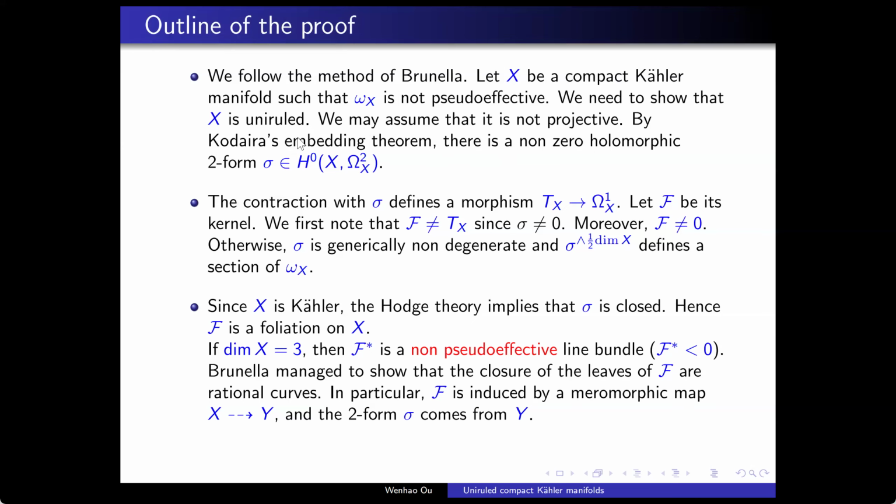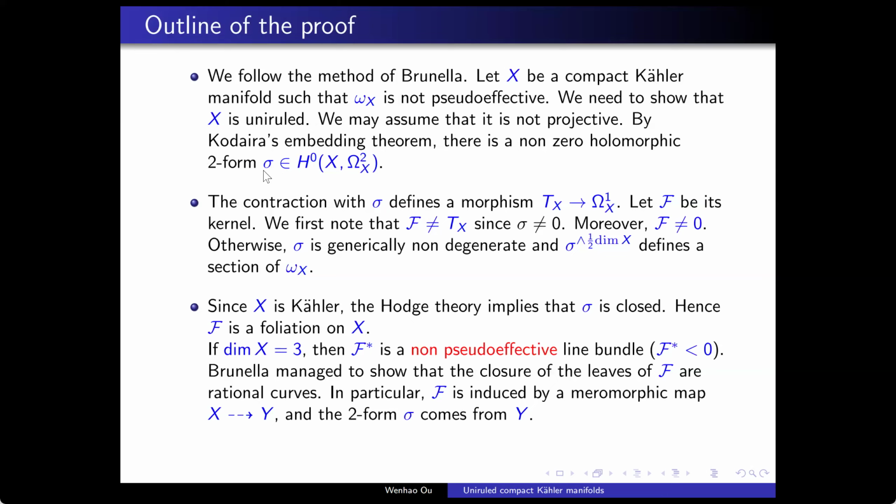Here, an important remark is that by Kodaira's embedding theorem, if X is compact Kähler but not projective, there must be some holomorphic two-form sigma which is non-zero. This is independent of whether omega X is pseudo-effective or not. This is just because X is Kähler but not projective.